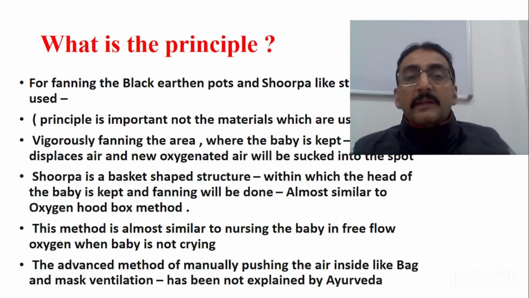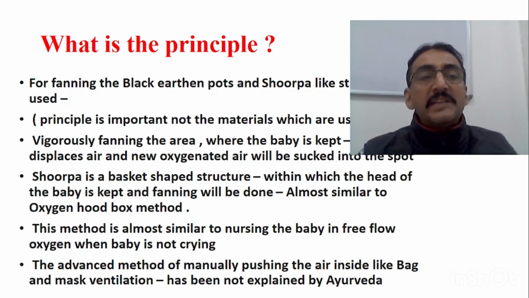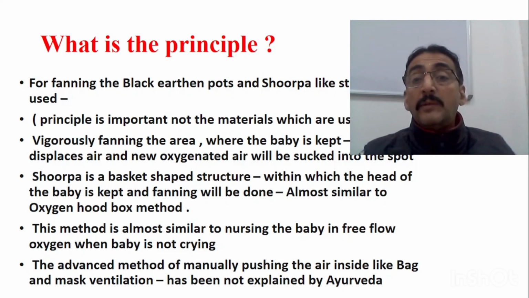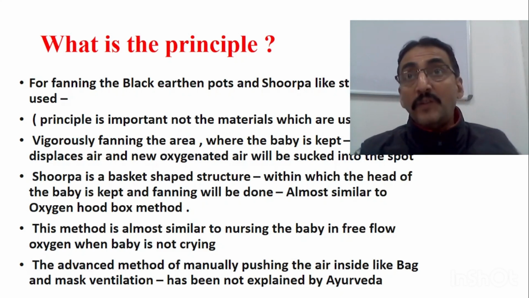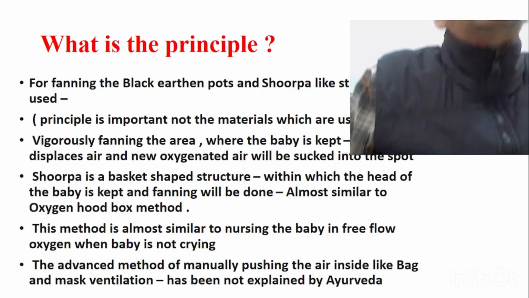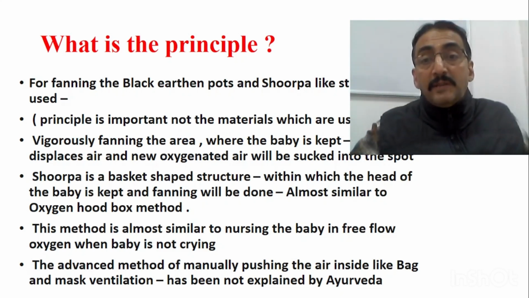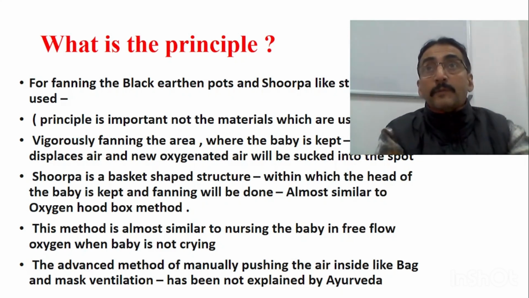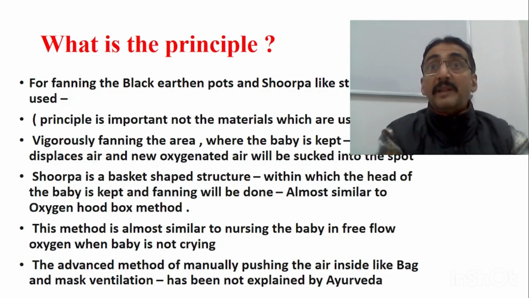For fanning, a black earthen pot and shurpa-like structure is used. What Ayurveda says is, for the fanning purpose, black earthen pots or shurpa-like structures are used. The principle is important and not the materials. Again, just like the stones that are used, the principles are very important. Here also, don't focus more on the materials used.